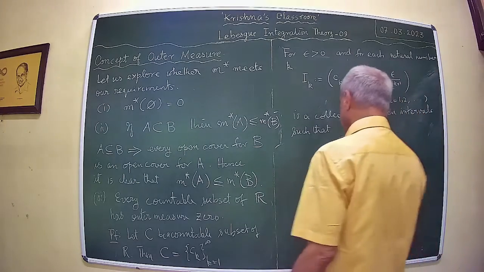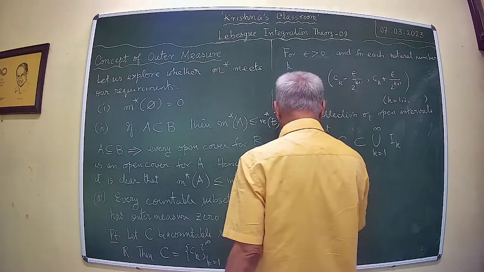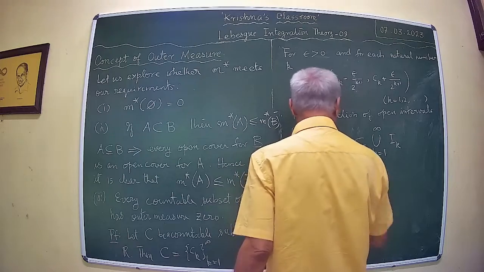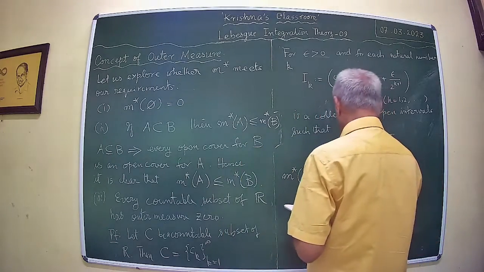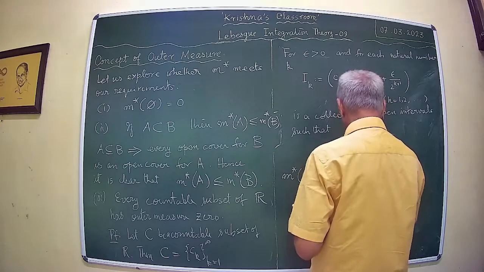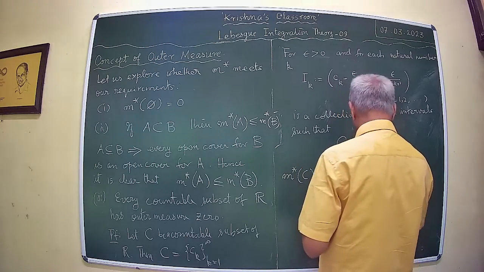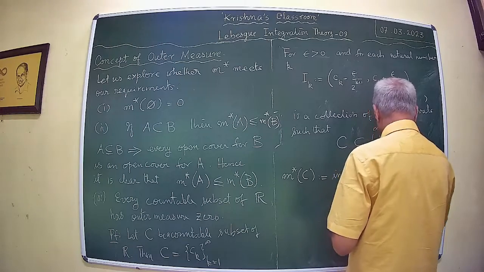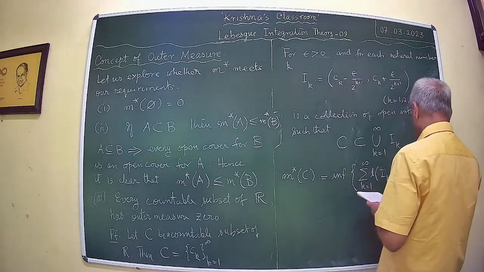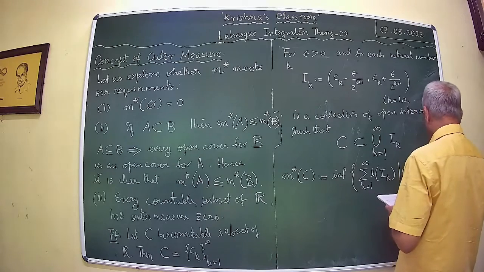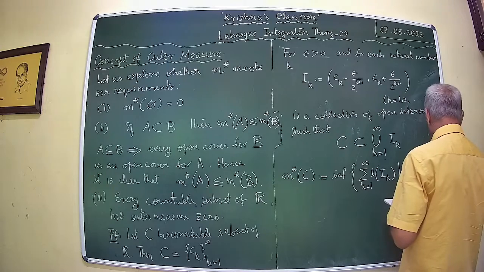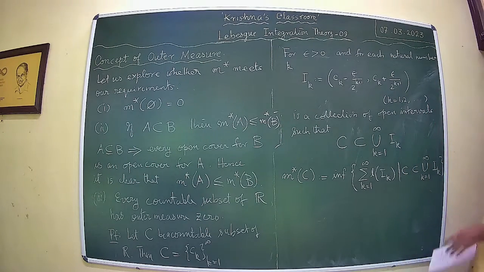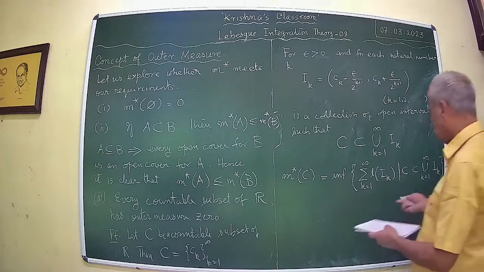Now m star of C by definition is the infimum of the sum of the lengths, and this is at most the sum over k of the length of I_k.